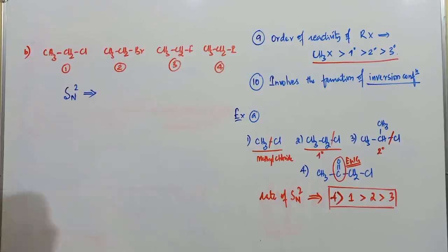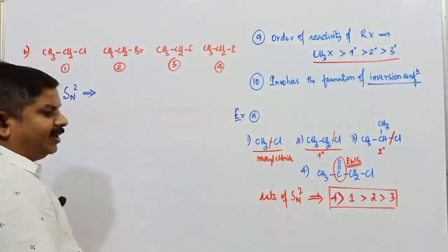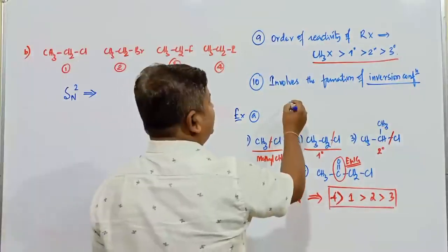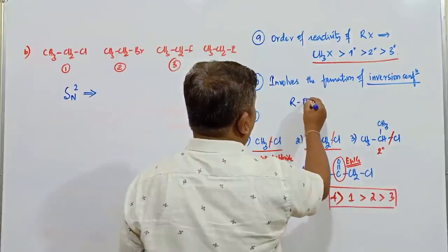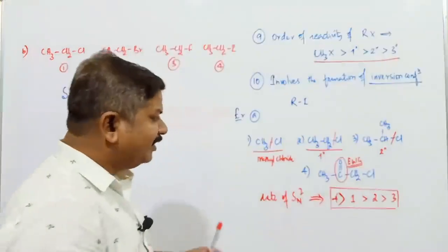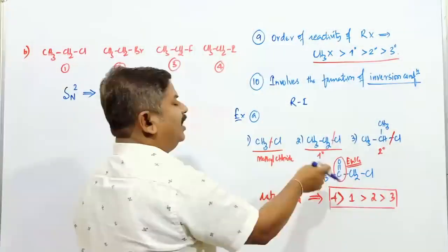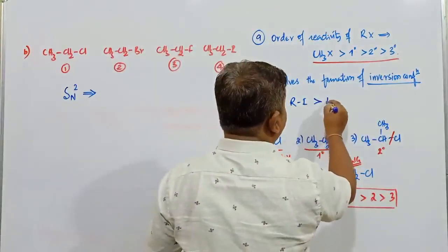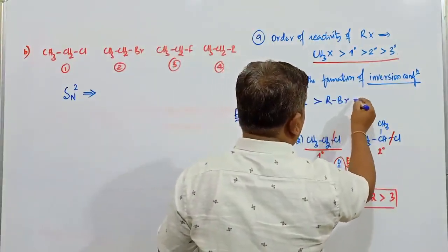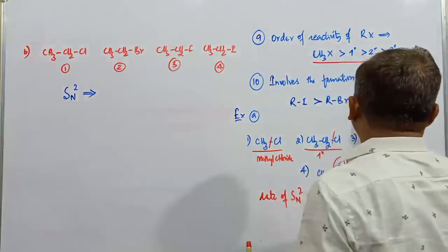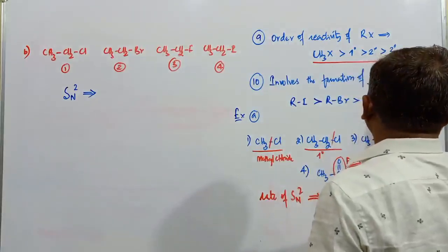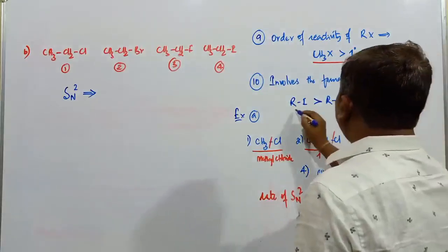One important point for SN1 as well as SN2: in the case of alkyl halides having different halogen atoms, the reaction proceeds in this direction: RI, then RBr, then RCl, and after this RF.